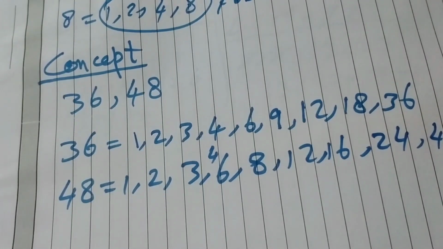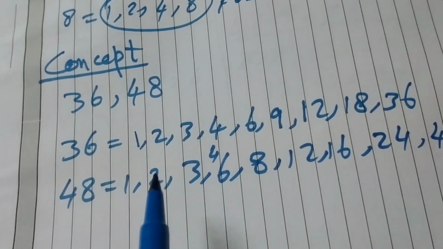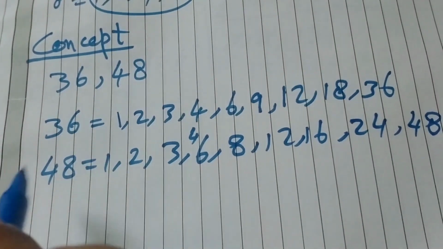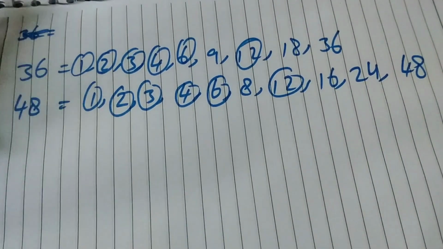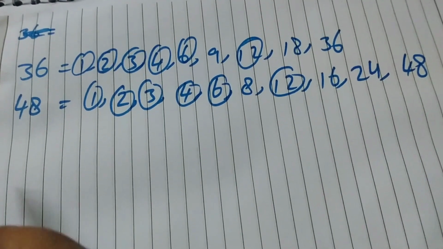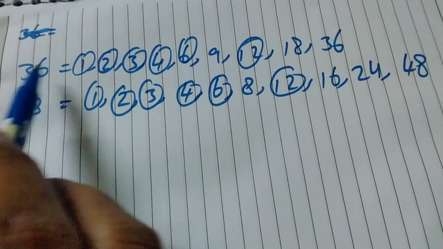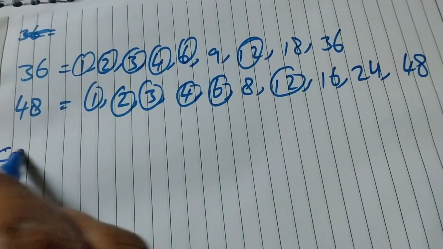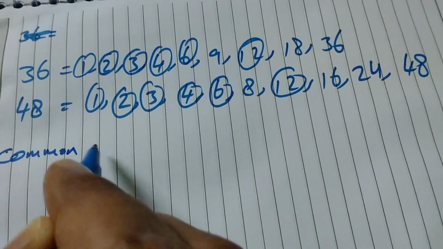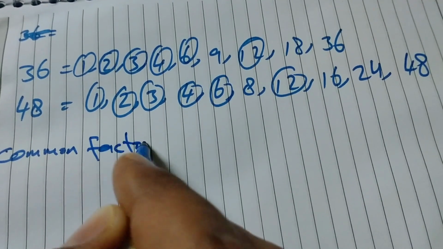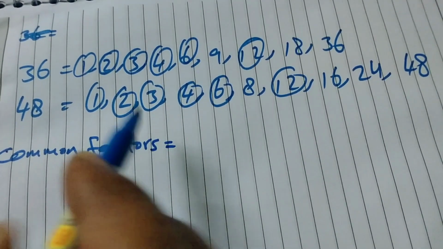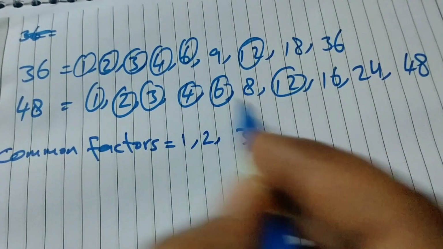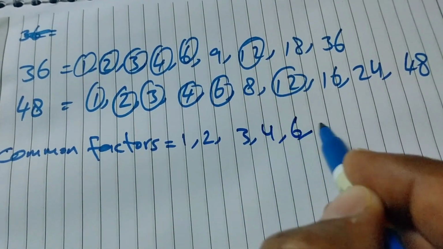So my dear, now we are going to find the common factors. After writing the factors, we will write the common factors. Now we will find the common factors of 36 and 48. The common factors are 1, 2, 3, 4, 6 and 12.